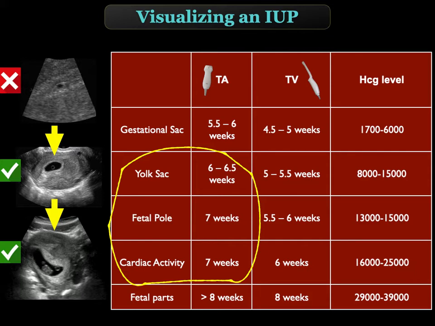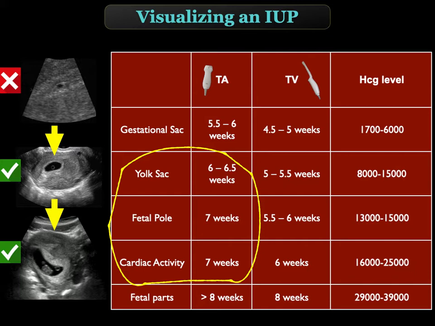Initially, you'll find a gestational sac within the uterus. This is a hypoechoic or black sac and is a marker of early pregnancy. However, this is not going to be diagnostic of an intrauterine pregnancy because ectopic pregnancies can also have a pseudogestational sac.